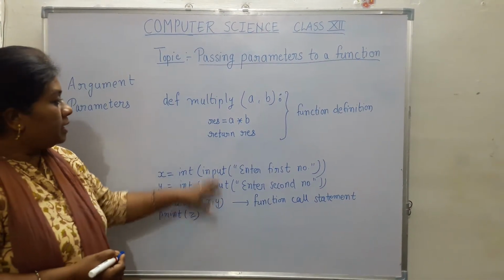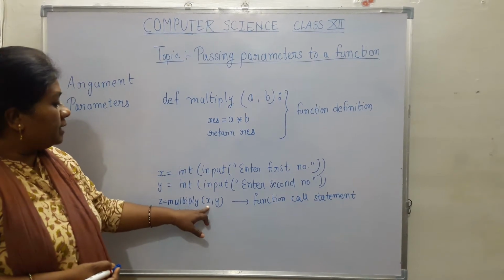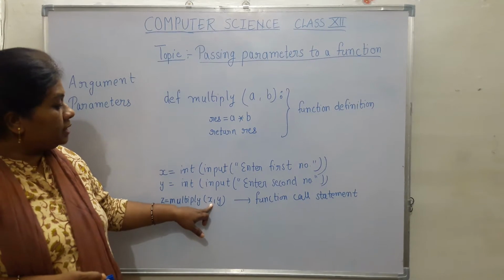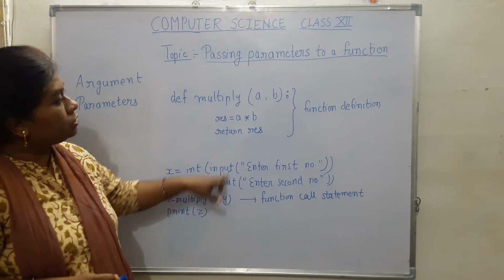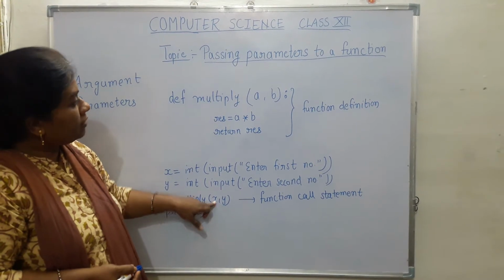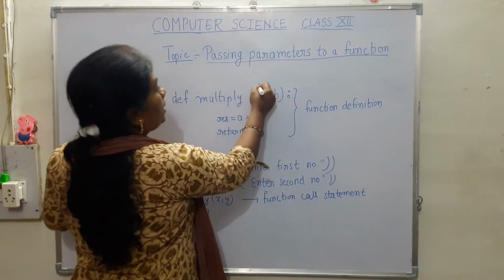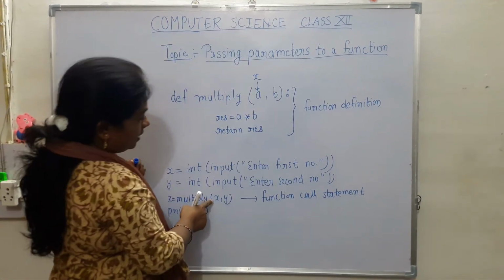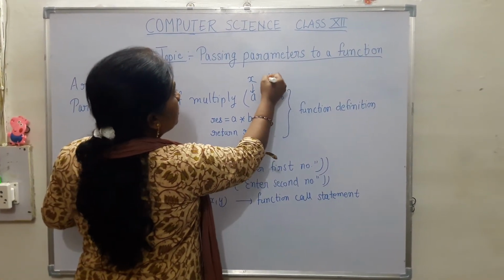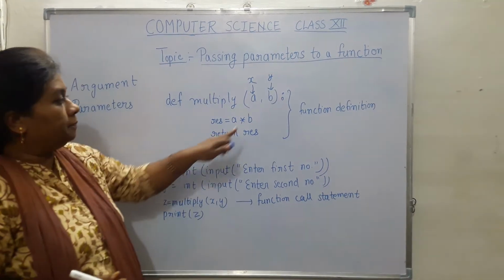What we see in this program is that these are the two values x and y. These x and y are passed to the function definition. So the value of x gets copied to a, and the value of y gets copied to b.